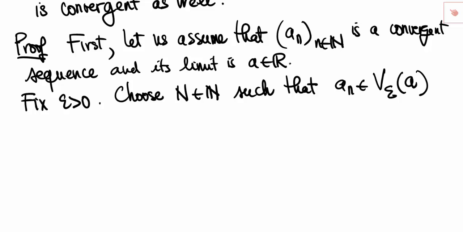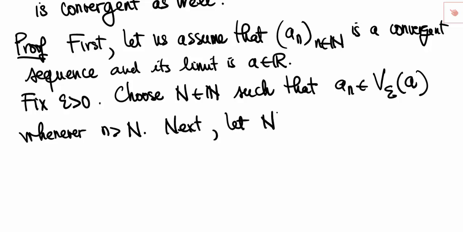So we fix an epsilon, and then because we know that our sequence is convergent, we can choose a natural number N such that a_n is in the epsilon neighborhood of a whenever, of course, n is bigger than N. Alright, next, let N prime be the maximum of the set containing N and M plus 1.